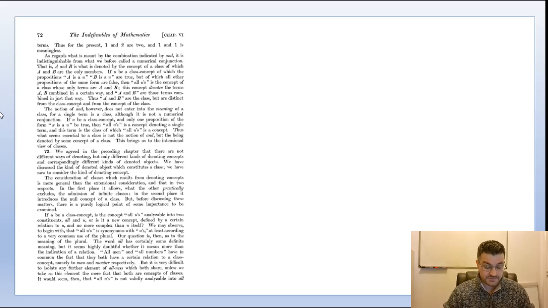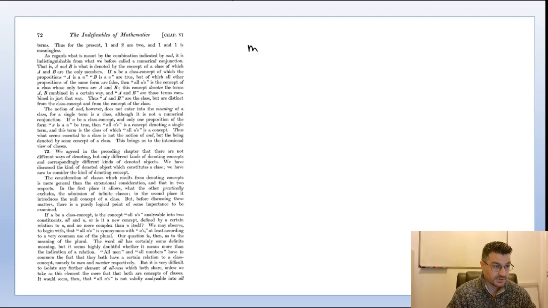We may observe to begin with that all U's is synonymous with U's, at least according to a very common use of the plural. Our question is then as to the meaning of the plural. The word all has certainly some definite meaning, but it seems highly doubtful whether it means more than the indication of a relation. All men and all numbers have in common the fact that they both have a certain relation to a class concept, namely to man and number respectively.